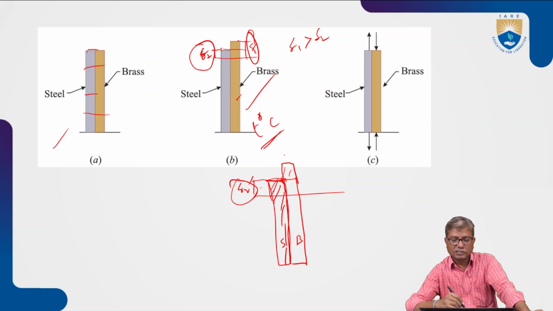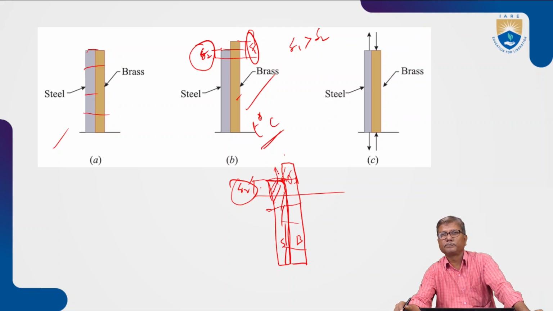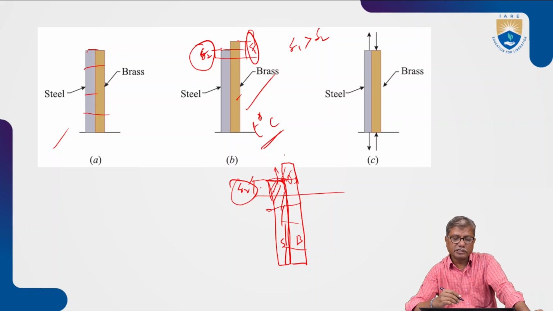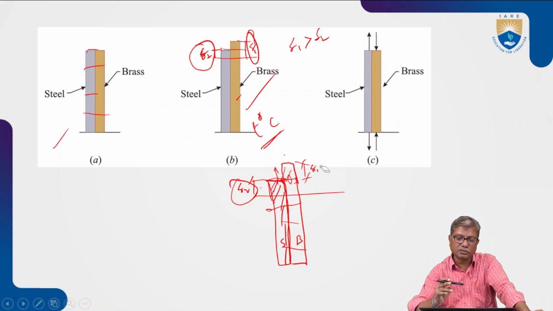But as it is connected rigidly to brass, as brass has the tendency to expand, it exerts a tensile force on steel and makes it expand beyond delta 2 by some amount.